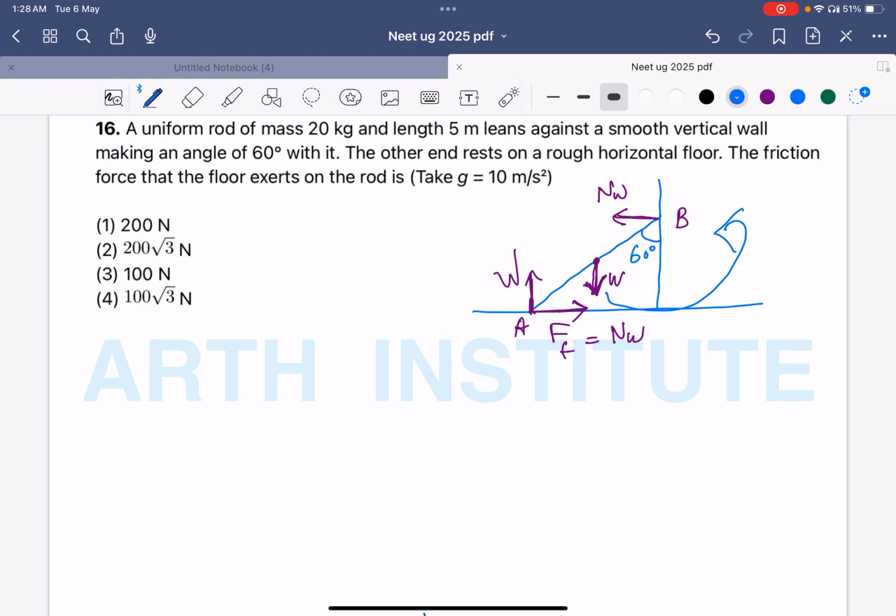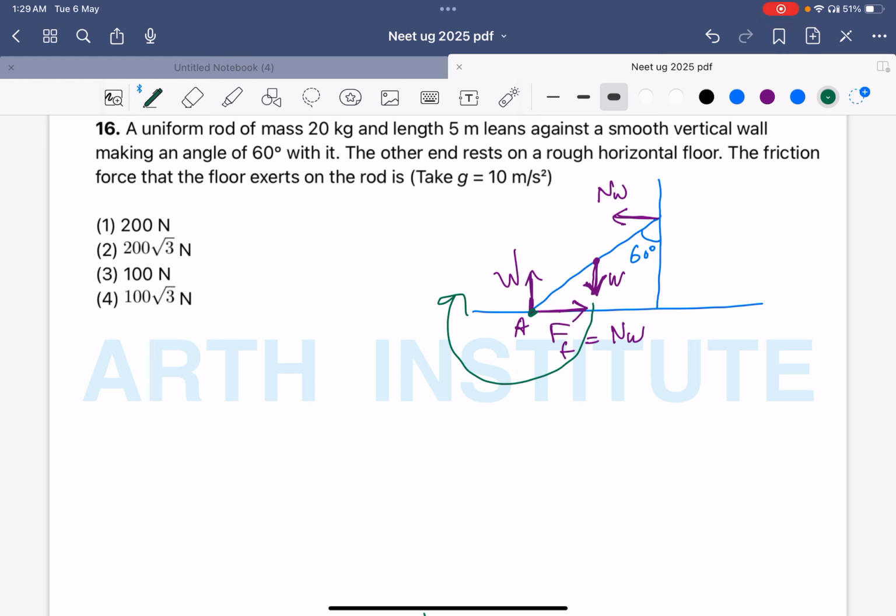About point A, we are taking about point A. About this particular point, W will make this rod move in the clockwise direction.